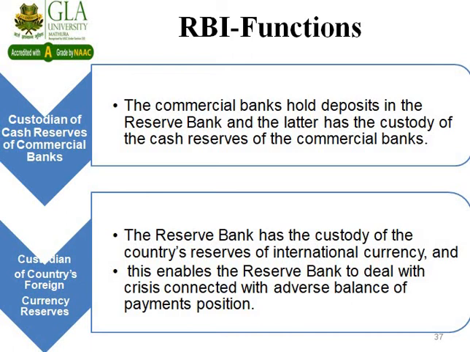Right. After that, it is not only maintaining the cash reserves of the commercial banks, but it is also the custodian of the country's foreign currency reserves, which means all the country's reserves of international currency are lying with RBI. This enables the Reserve Bank to deal with crises connected with adverse balance of payments, or BOP, right?